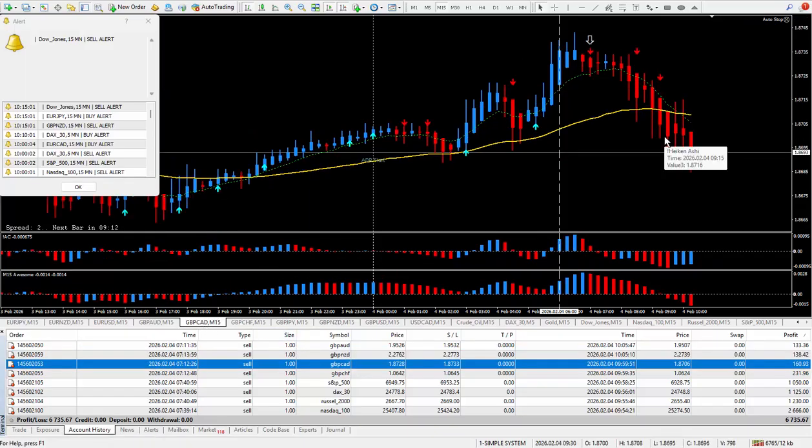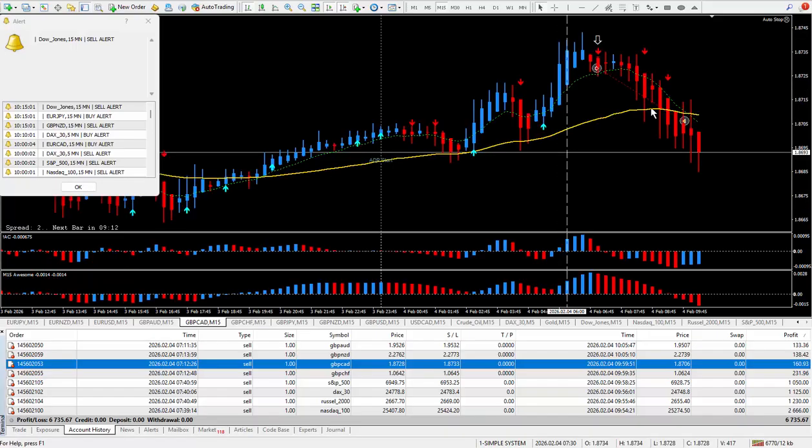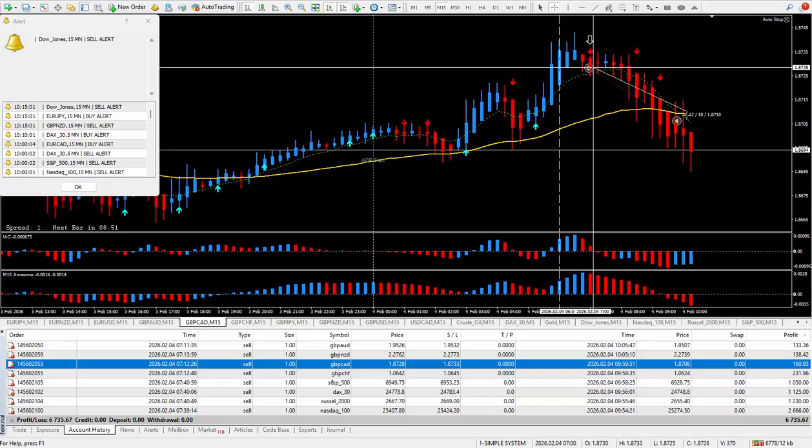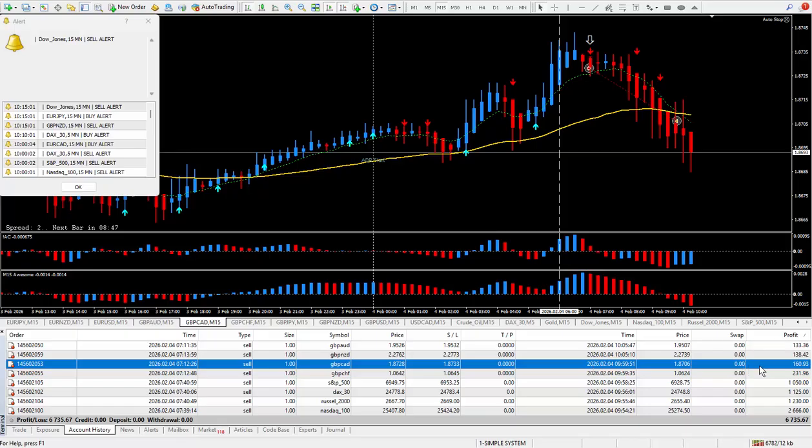Did exactly the same thing, the pullback. Drag and drop this up, see where I got in at. Had the arrow from the daily trade plan, the super signal. I just took the trade, knowing it's going to go back at least to the goal line. Got in here, closed out here, locking in 22 pips, and that paid out $160.